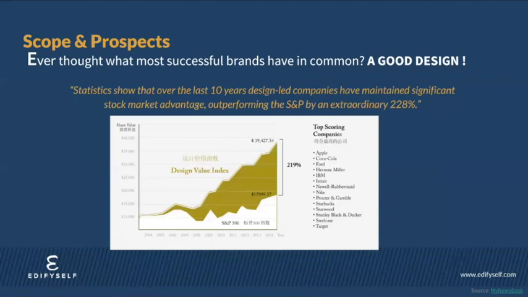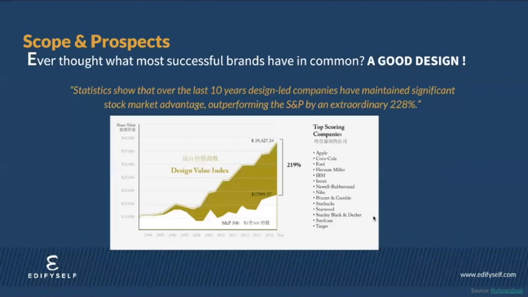There have been studies carried out over 10 years, and what was found is that the companies which have a dedicated design department and know that design is important have outperformed the other companies by more than 200%.